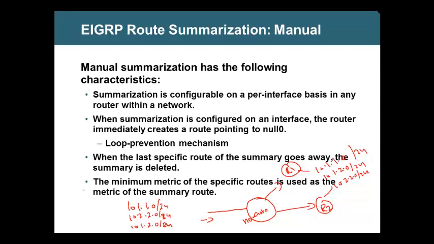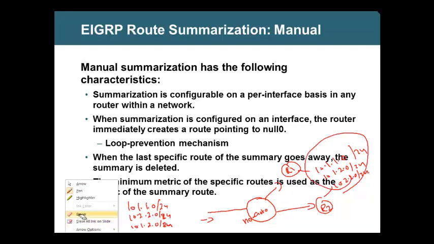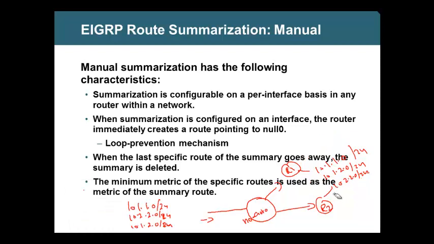Now what do we do? I do not like this detailed route on R2 for some reason. Only on R2, I don't want this. I don't want R2 to learn that detailed route. I want R2 to learn 10.0.0.0/8 instead of these three, only one summary route.